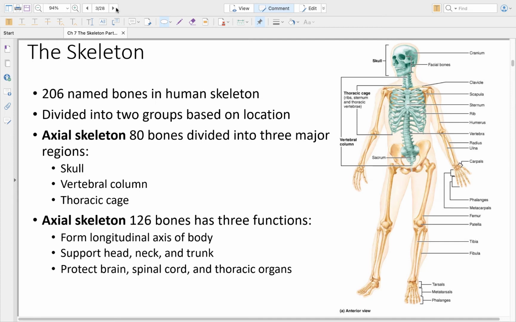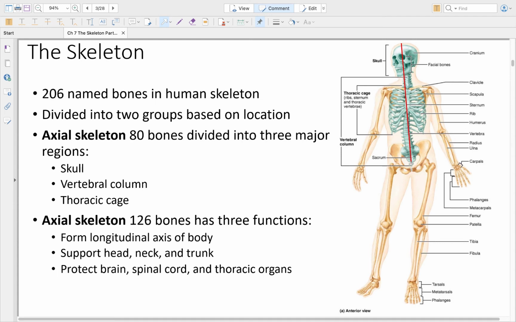So our skeletal system is divided into two groups based on their location. The axial skeleton, which runs on the y-axis of the body, which is here in green, right?